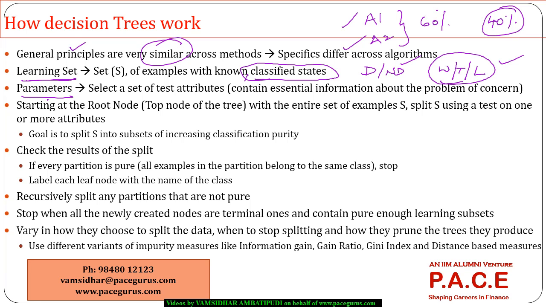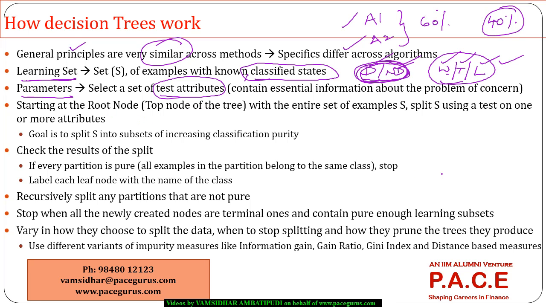Then we use the word parameters. We are talking about a set of test attributes. Which are the variables, which are the factors that will decide whether a person will default or not default, whether a particular team will win or lose or tie? What are the set of attributes that are going to decide this final classified state? Those are all coming out as parameters.